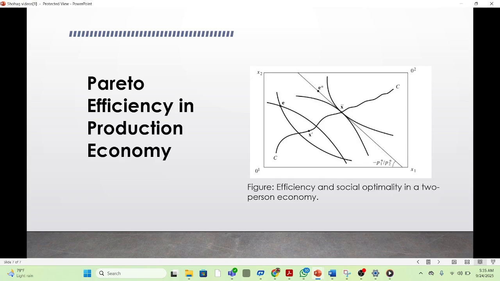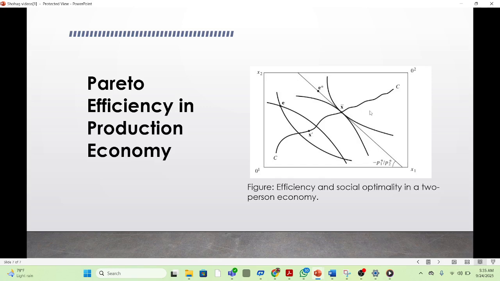These points lie on the Pareto frontier, the set of all efficient allocations.